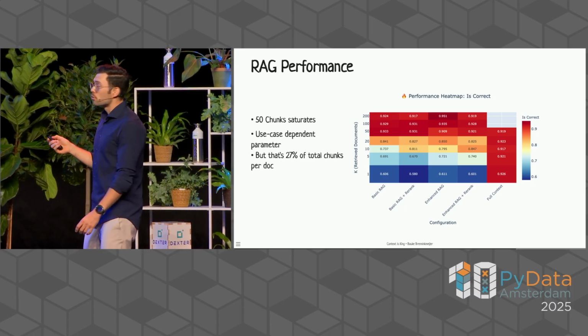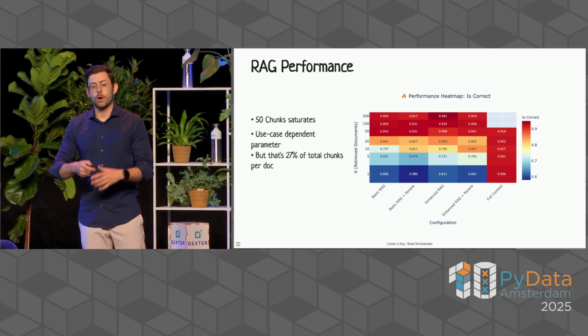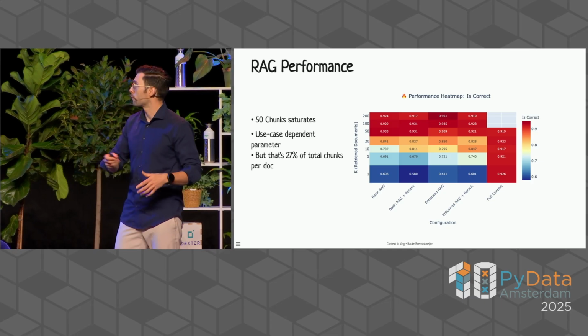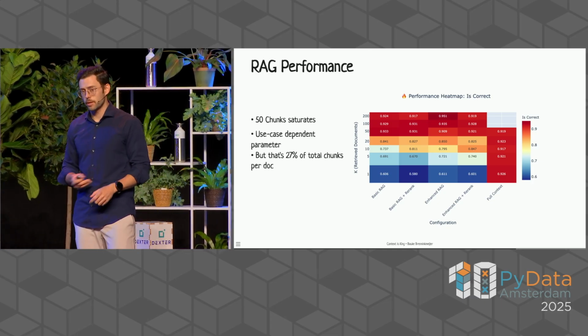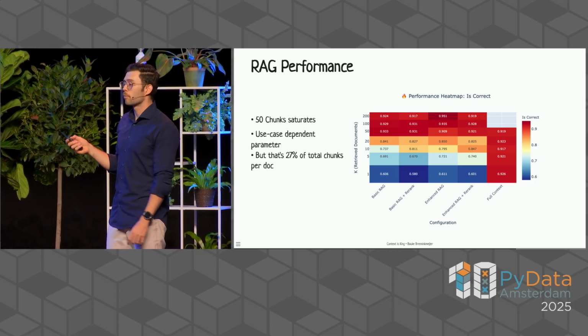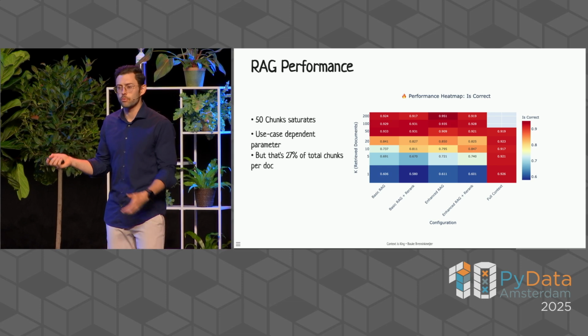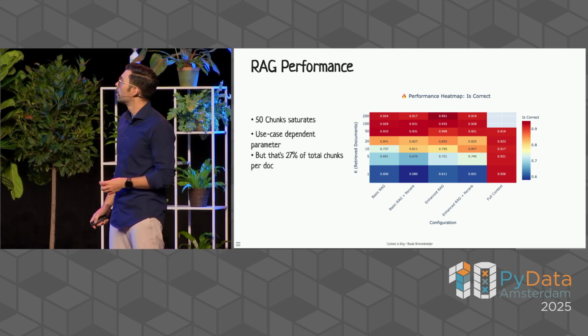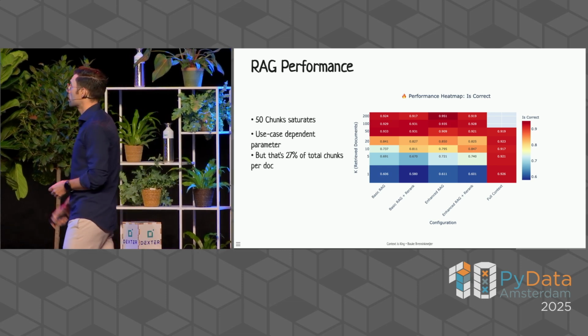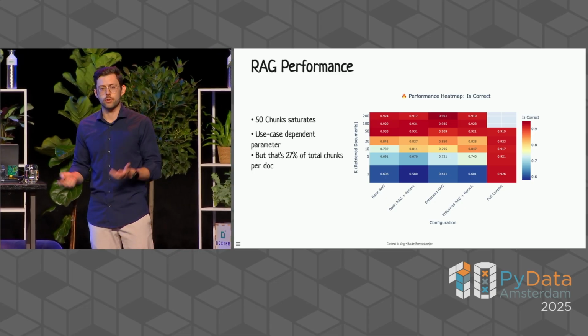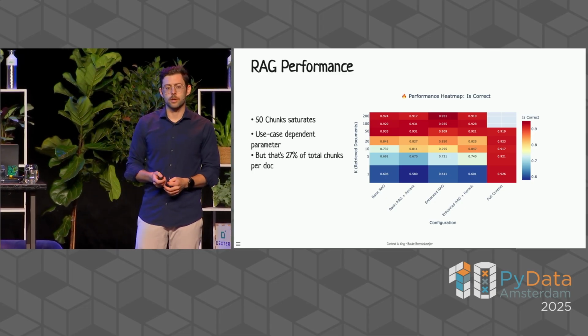That is a very use case dependent parameter, right? If you have more data or a different type of data, that number could shift, but try to find this number for your use case, because that will tell you whether you have the right value of k. In my case, it was 27% of the average document length, which I was really surprised about.